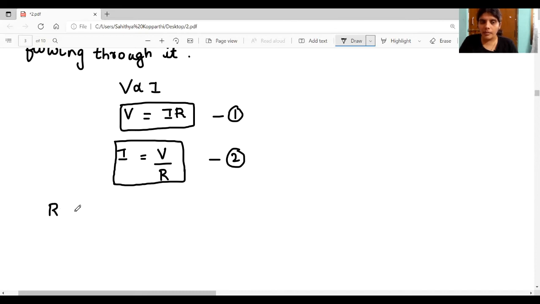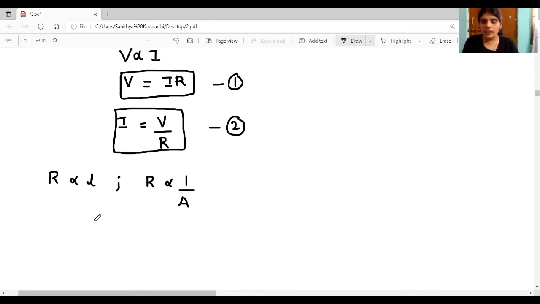It is directly proportional to length. More the length, more the resistance, and resistance is inversely proportional to the area of cross section of the conductor. So when you combine both and remove the proportionality constant, you will get R is equal to rho L by A.